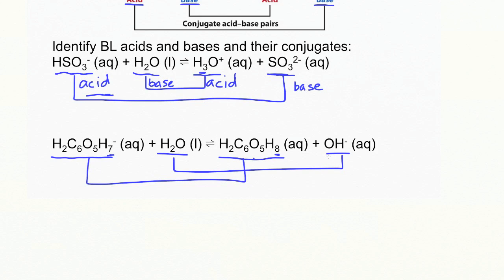Now let's identify the acid and base. On the reactant side, because this one accepts 1 proton, it's a proton acceptor, it's a base. After it accepts 1 proton, it becomes a conjugate acid.